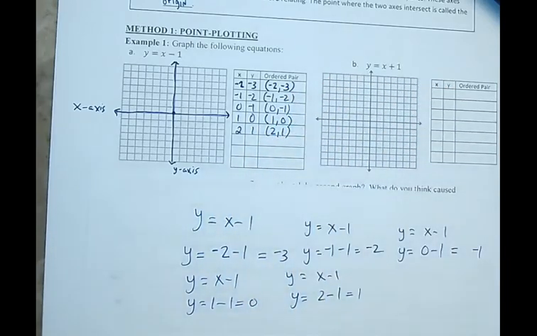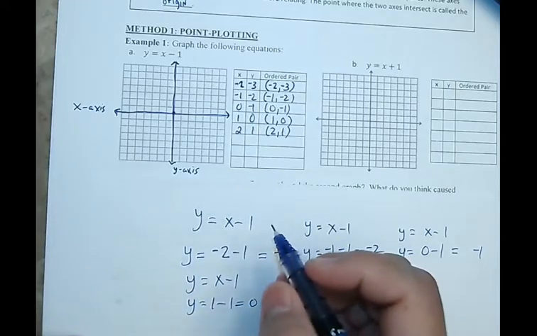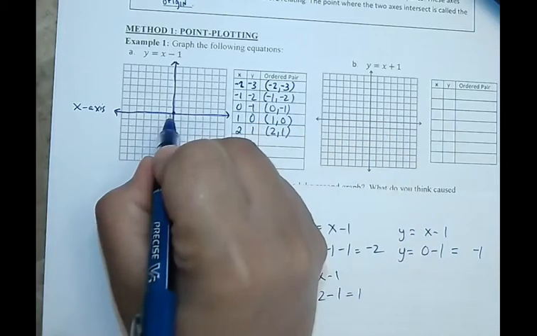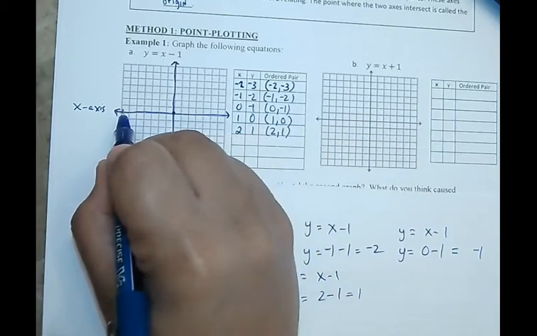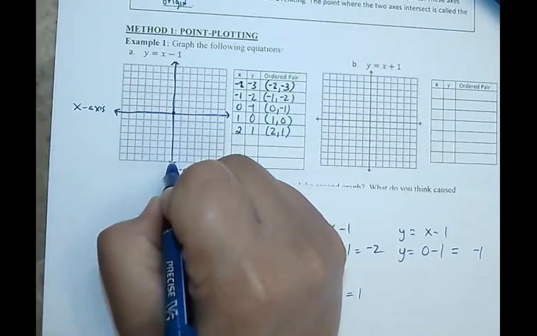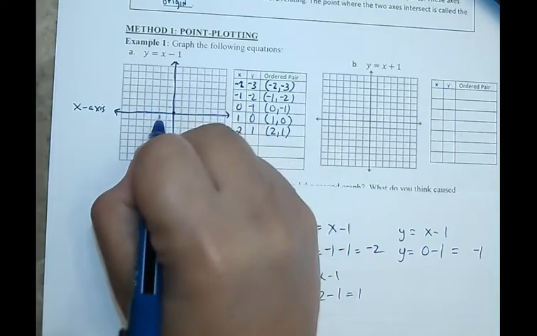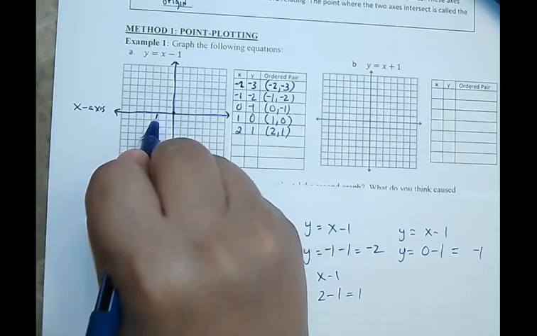Now that you have your ordered pairs, then we can plot those on the xy coordinate plane. And so the first one is -2 and -3. So to the left are your negative numbers, and going down is your negative numbers. To the right is positive, and going up is positive. So -2 would be here, and then we go down 3, 1, 2, 3.